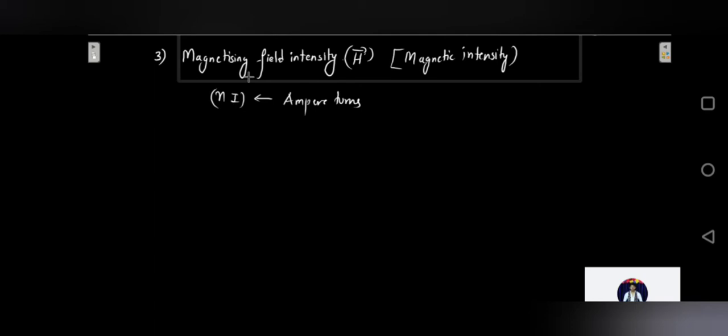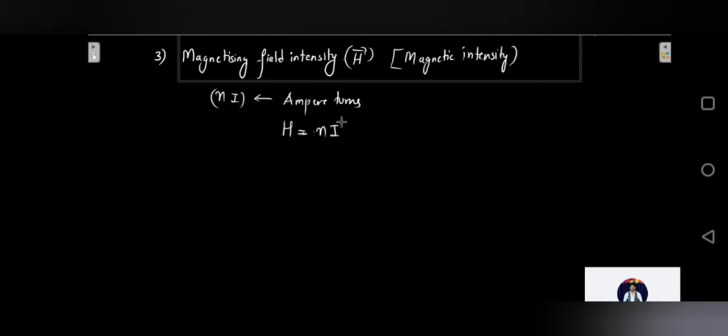So the number of ampere turns flowing round the unit length of a solenoid required to produce the given magnetizing field is the magnitude of magnetizing field intensity. So your magnetizing field intensity H will be N multiplied by I per unit length.